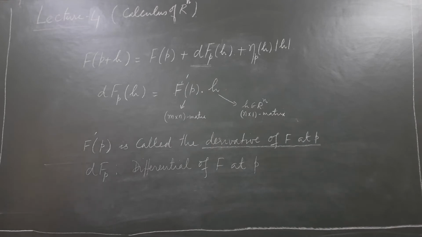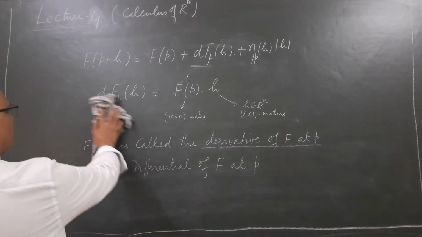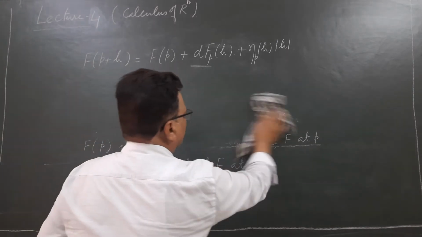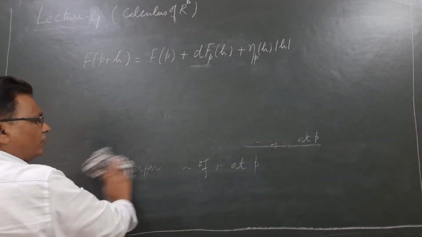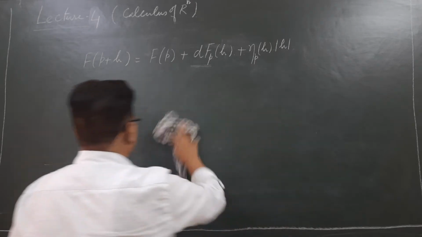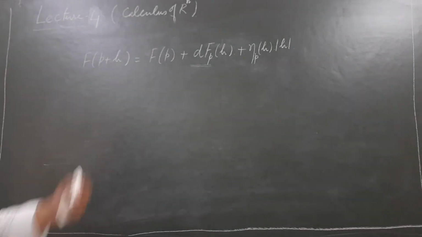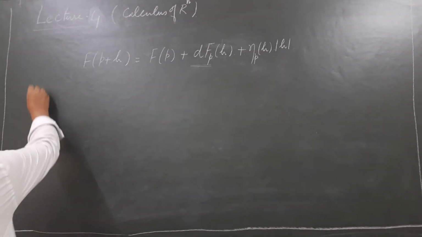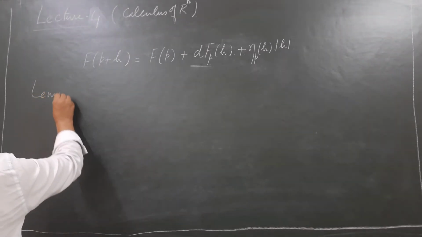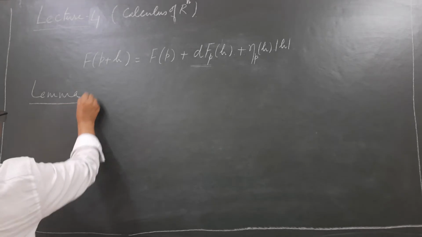Now, there are certain properties which we know that a derivative always has. An important property that all of us know is that if a function is differentiable at a point p, it will always be continuous. So, now we will check this property from this condition. This is an important property which I can write down as a lemma.